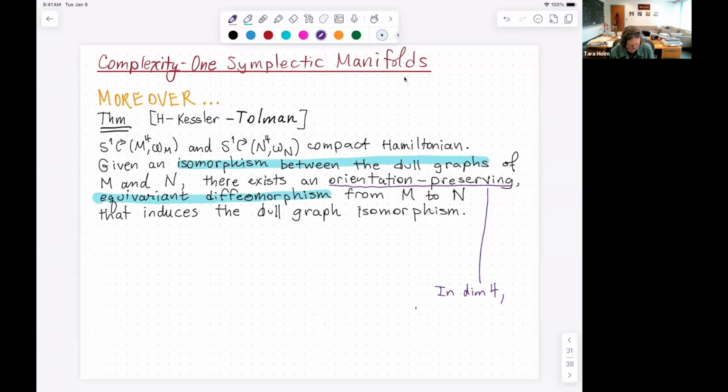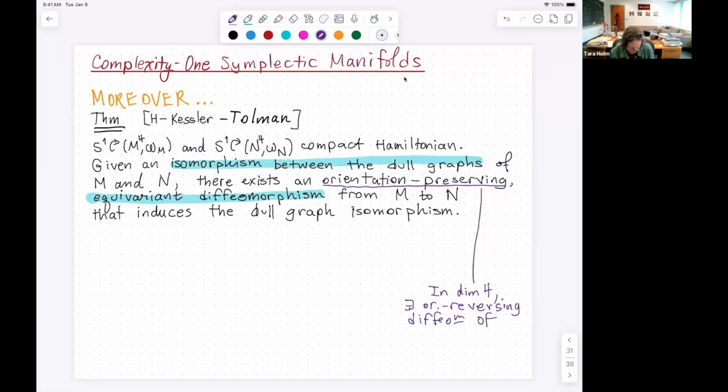there is an orientation reversing diffeomorphism. We don't normally think about these because we are so fixed on our fixed orientation, but there is an orientation reversing diffeomorphism of a simply connected four-dimensional manifold.